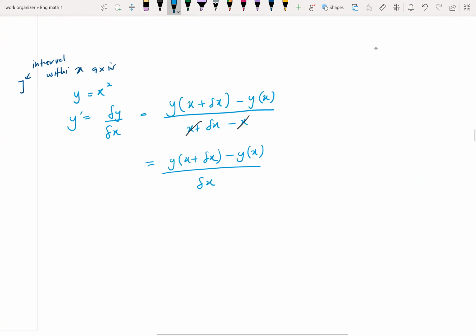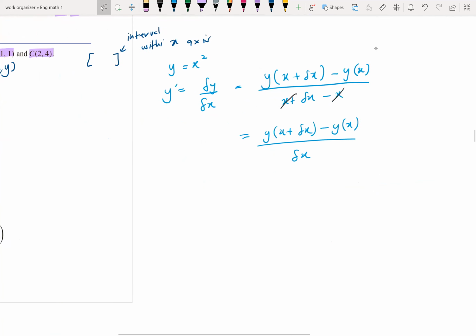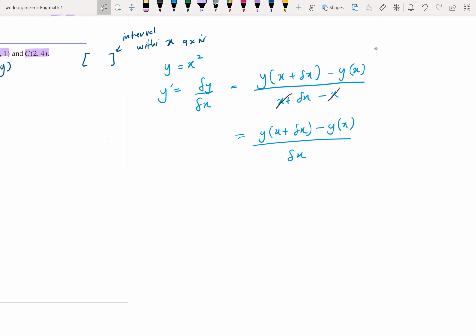So we have y of x is x squared, right? Then we are going to find y of x plus delta x.